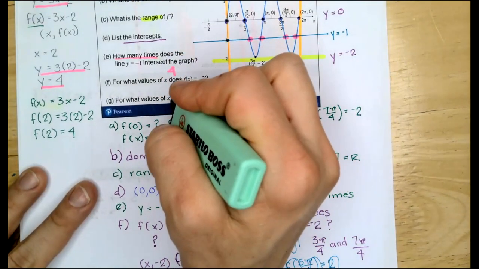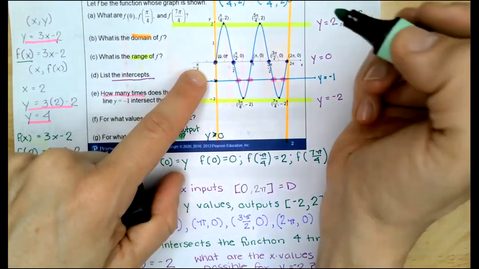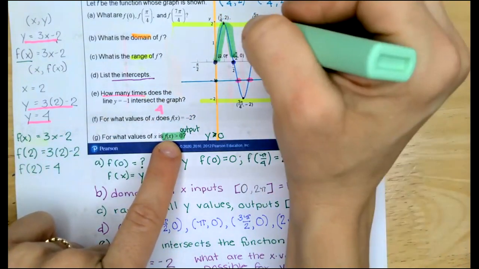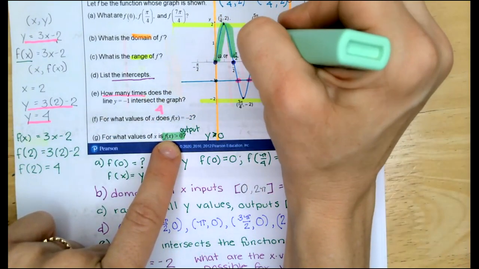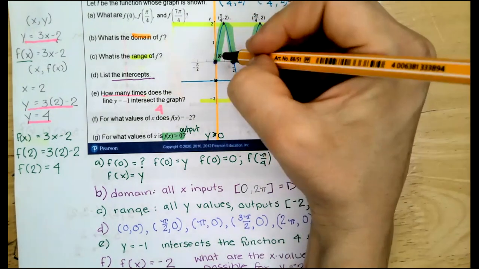F of x is greater than 0 anywhere it's above y equals 0. So all of that is f of x greater than 0. I can't list them because those are infinitely many points. I can only describe them as intervals.